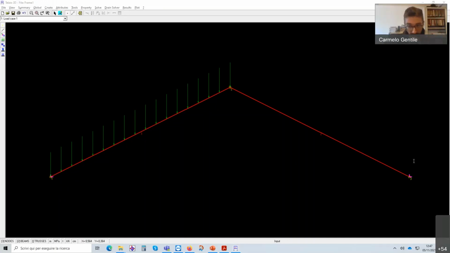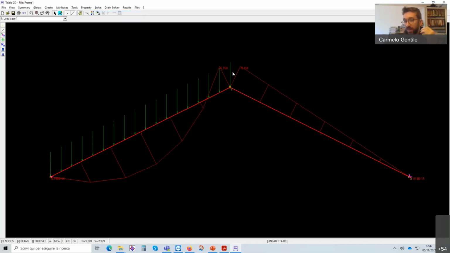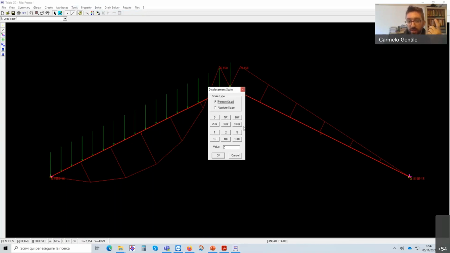Okay, now. Ageda, sorry for my pronunciation, said we didn't define node 2. And he may be right. But I was asking you something different. I was asking you, is it what I expected in terms of deformation?